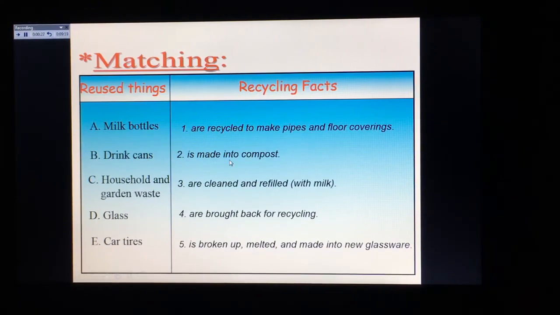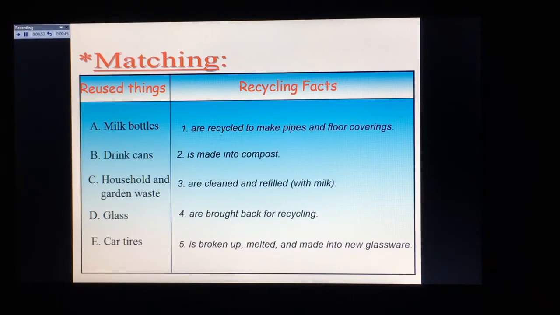Number 2 is made into compost. Number 3 are cleaned and refilled with milk or with water. Number 4 are brought back for recycling. Number 5 is broken up, melted, and made into new glassware. Now, 10 seconds for you to do the matching.